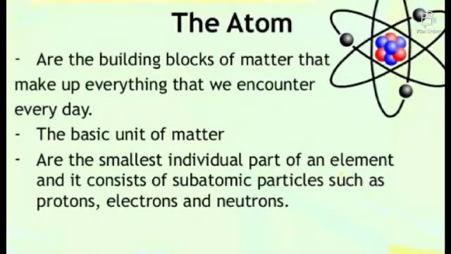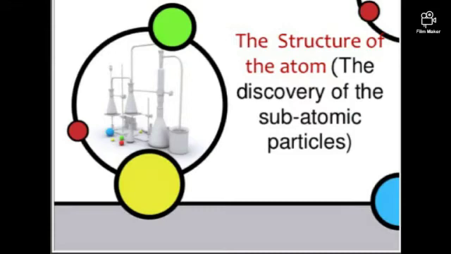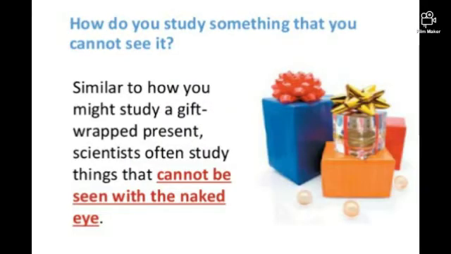Today we know this. Earlier it was not known. Even the atom was not known, and it was discovered, it was studied and restudied again and again. So, how do the scientists study anything that we cannot see? Like when on an occasion we get a gift wrapped in something, or we get a parcel wrapped in a box, we keep guessing it.